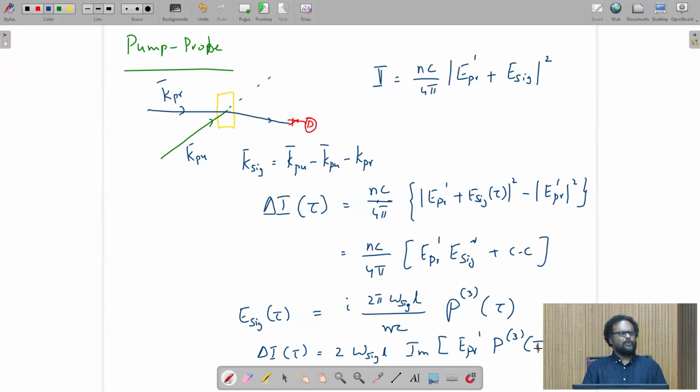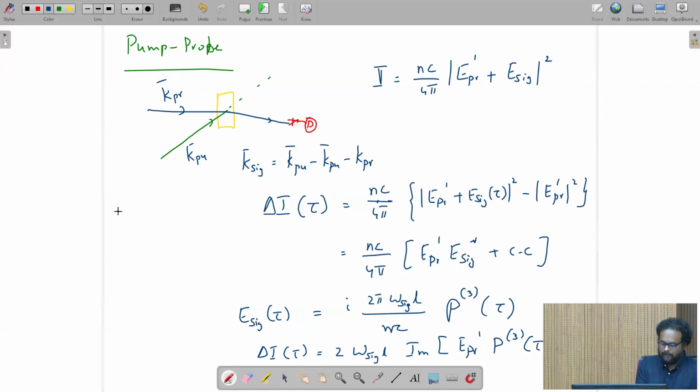Usually for analyzing pump probe spectra, you don't really invoke double-sided Feynman diagrams and write out all of this. Simply because if I write out my third order polarization, all the possible correlation functions come in. It so happens that if I write them all down, most of them cancel each other, especially under relatively long time scales.